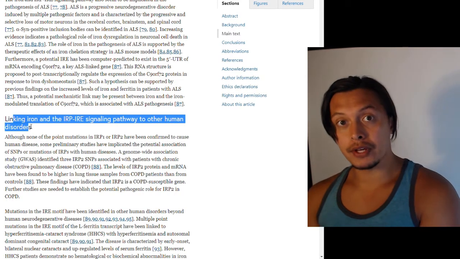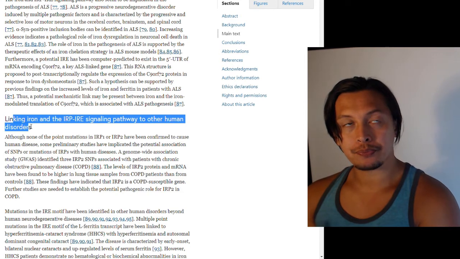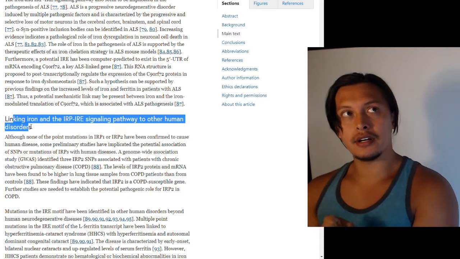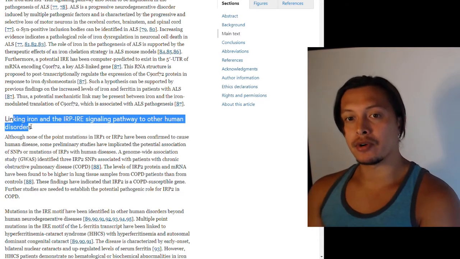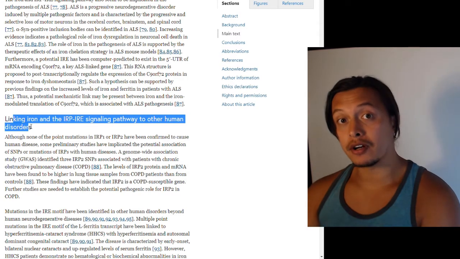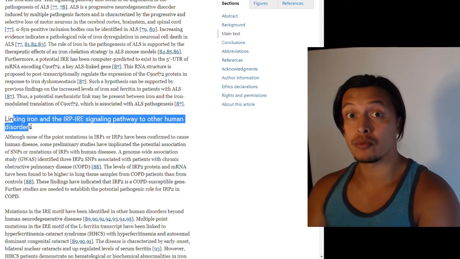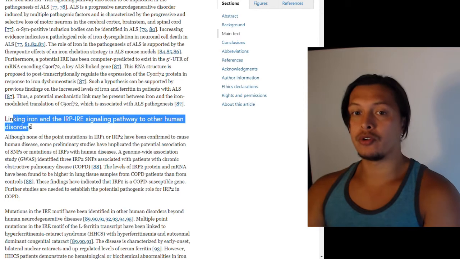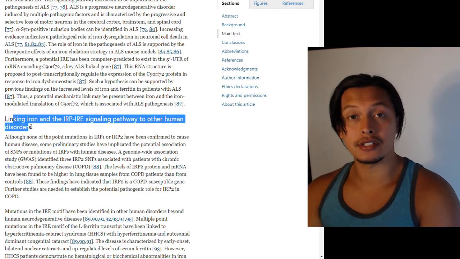So how to phrase that? This event might be able to dysregulate iron not only in the body but also in the brain, which can then result in possible neurodegenerative complications down the road.